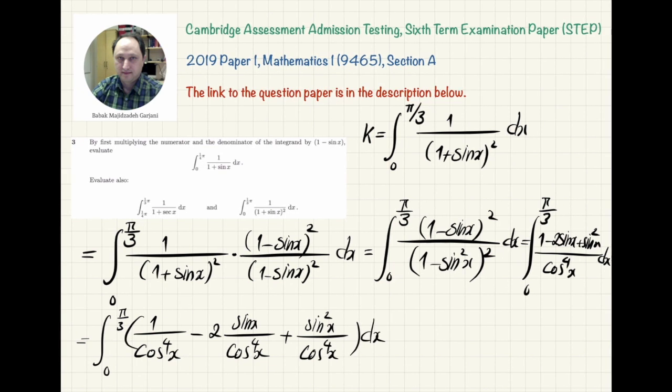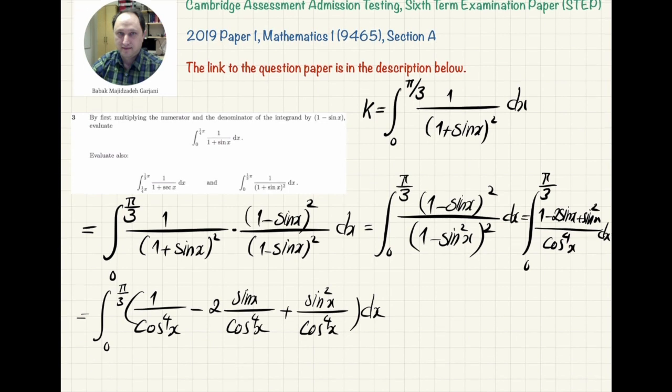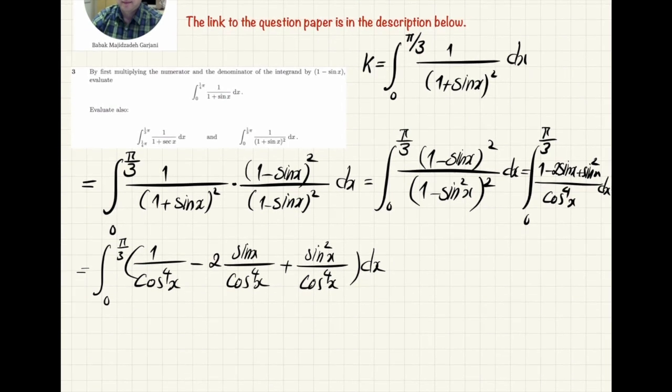Of course you might solve these parts in different ways. Let me choose one way that I prefer to do here. I would prefer to write everything in terms of secant and tangent. So I would write the first integral as the integral from 0 to pi over 3 secant to the 4x dx.